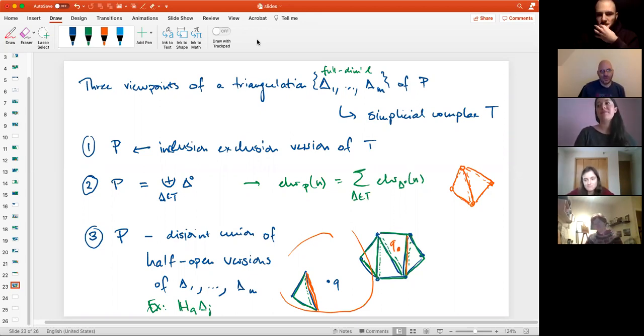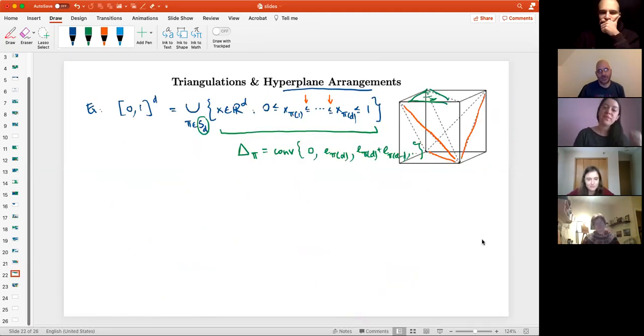I wanted to show you an example of a half-open decomposition because it connects to some other things. And I just realized maybe Max wants to do an exercise out of this.